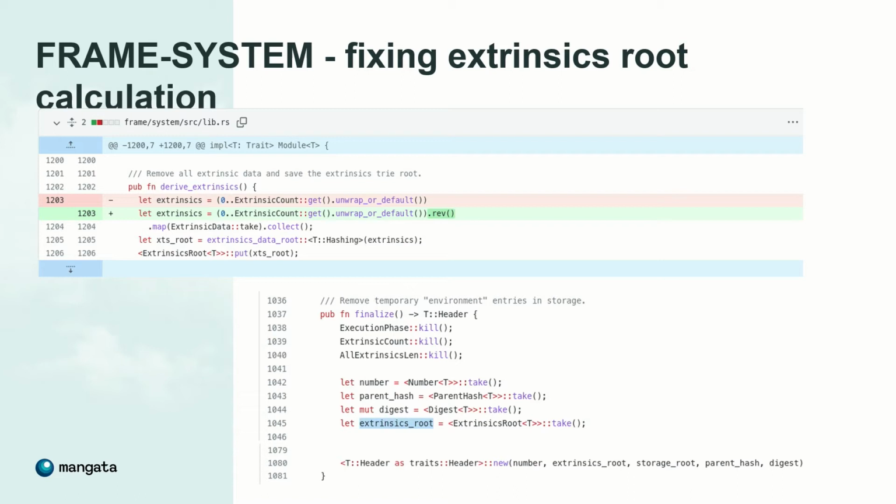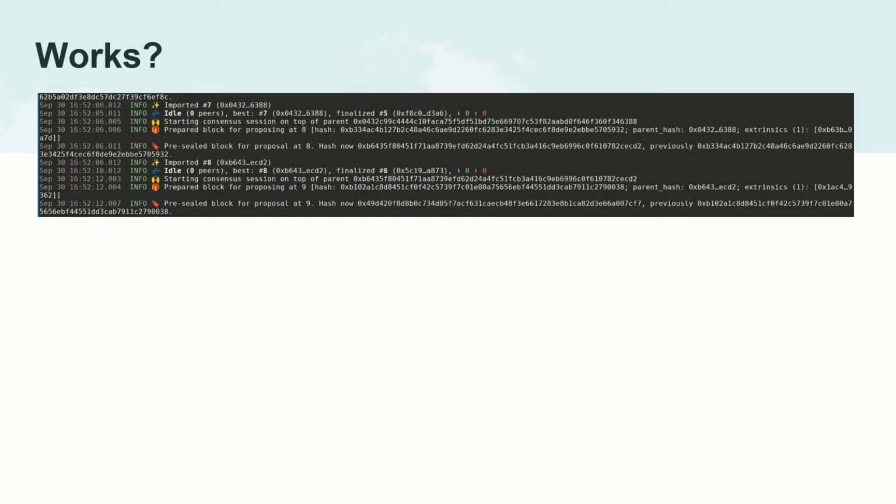So we just need to do a similar thing to what we've done in the block builder. We just need to reverse their order in order to get the proper checksum. So that was straightforward. Does it mean we solved all the issues?